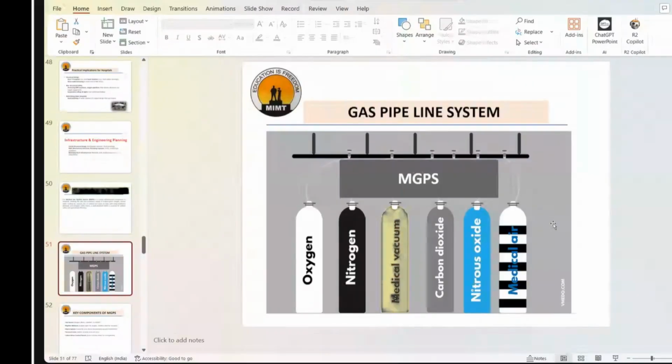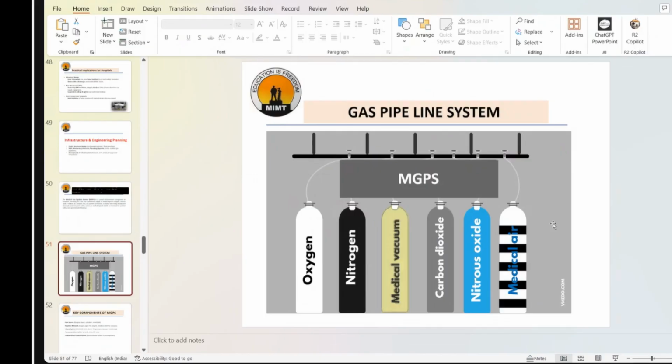So you should not be confused at any time. Oxygen is white and the medical vacuum is yellow. Nitrous oxide is a slightly bluish kind of color, and nitrogen is black, and medical carbon dioxide is a slightly gray kind of thing. But most commonly we are using oxygen, nitrous oxide, and the medical vacuum.